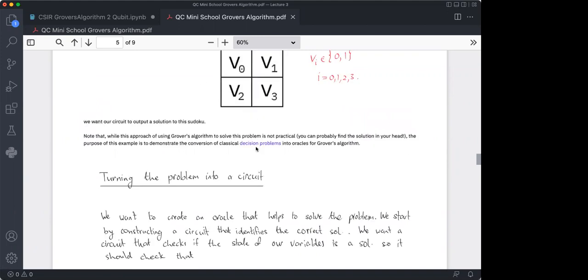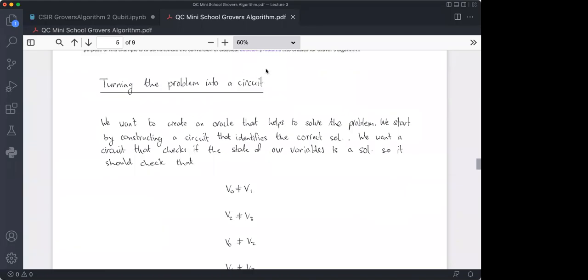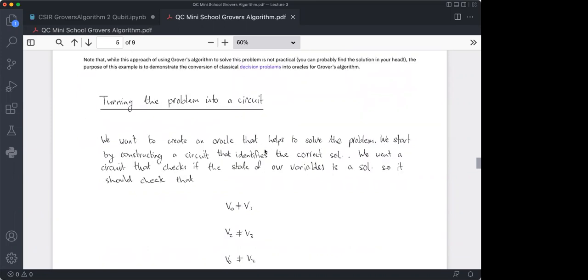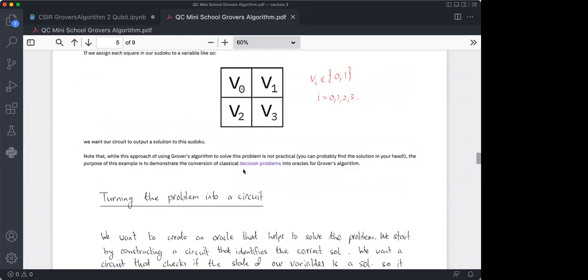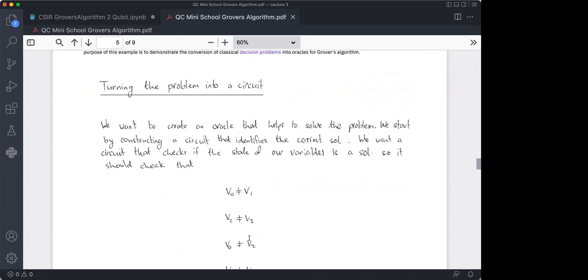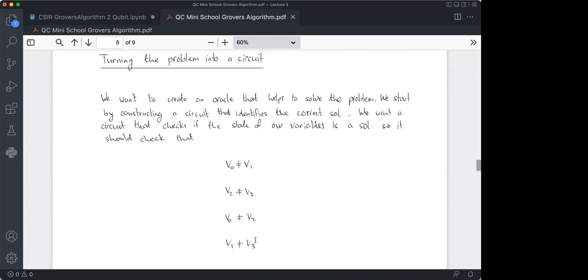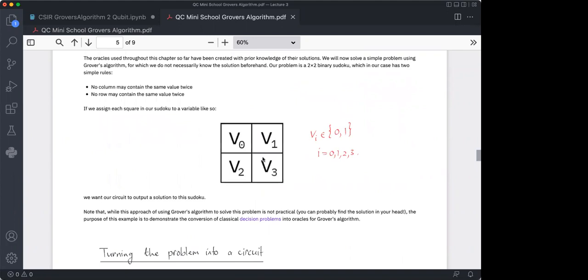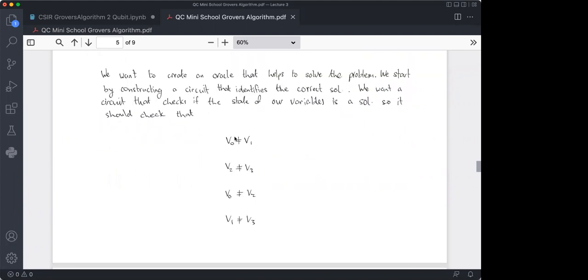Since no row should have the same value, V0 and V1 should not be the same, and V2 and V3 should not be the same, which we have here. Then, since no column should have the same value appearing twice, V0 and V2 should not be the same, and V1 and V3 should not be the same.